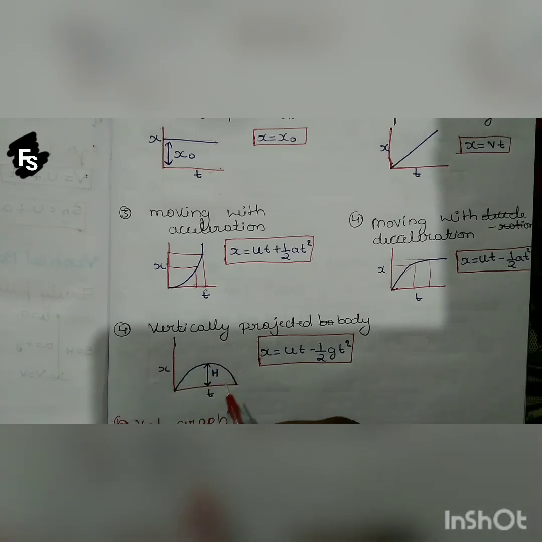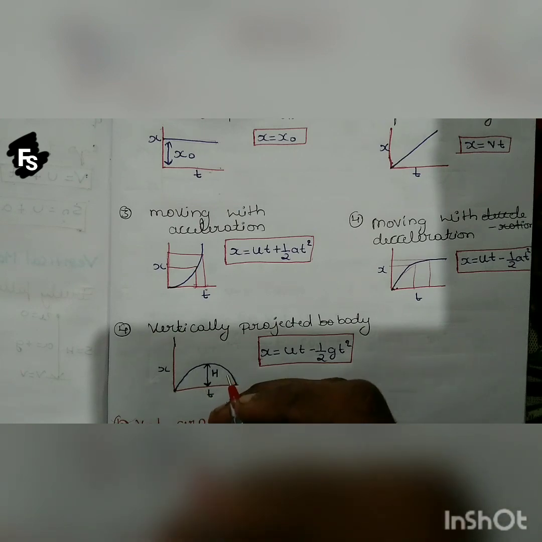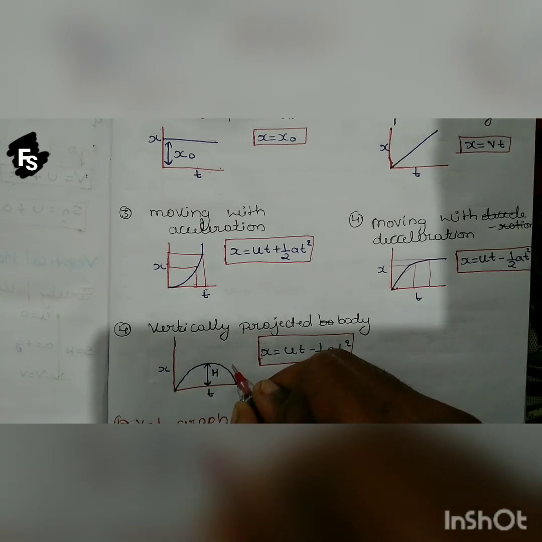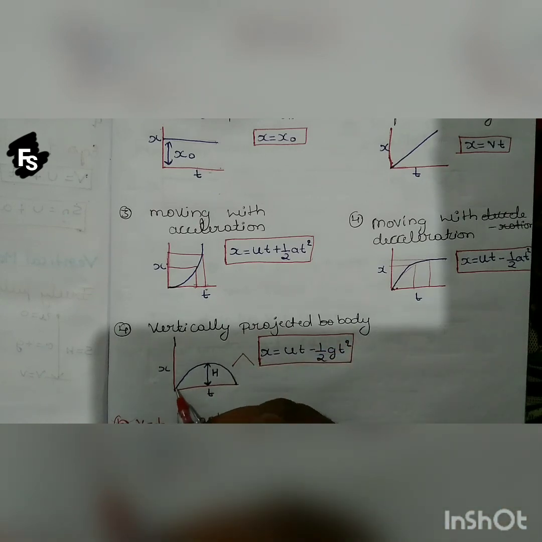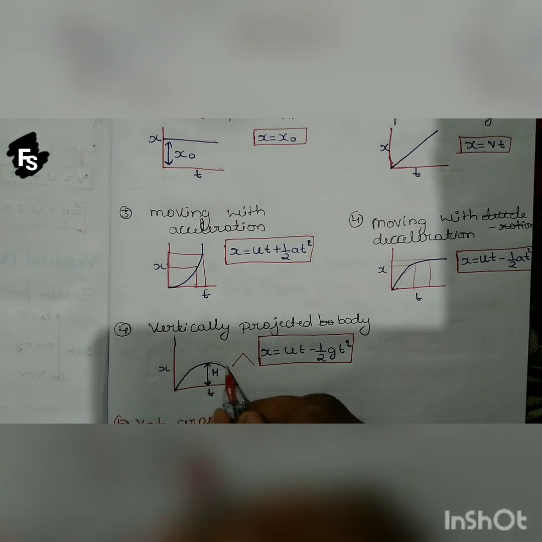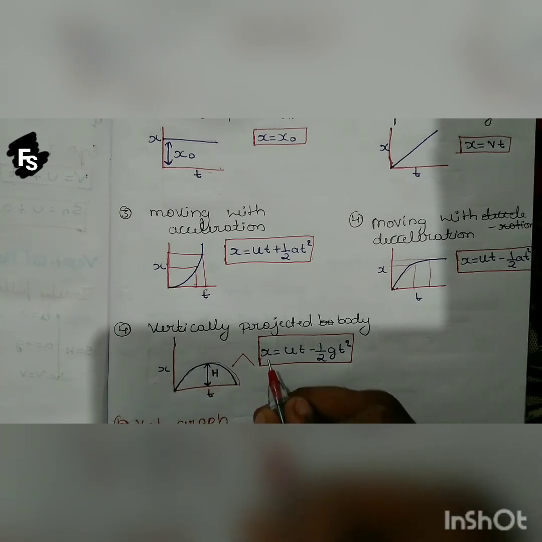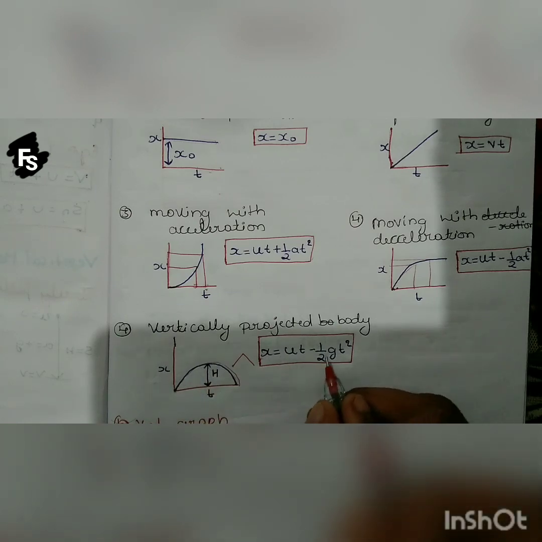It travels the distance from here to here, but comes back like this, so the graph will be parabolic. This is h, the maximum height the ball reached. Then the equation is x equals ut minus half gt square.